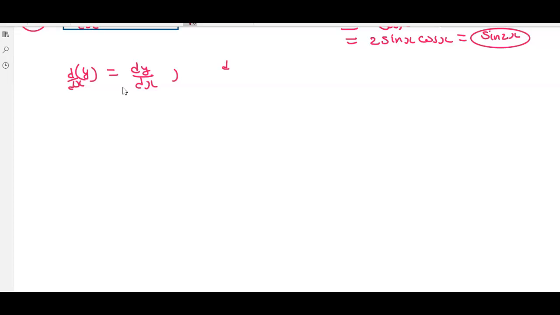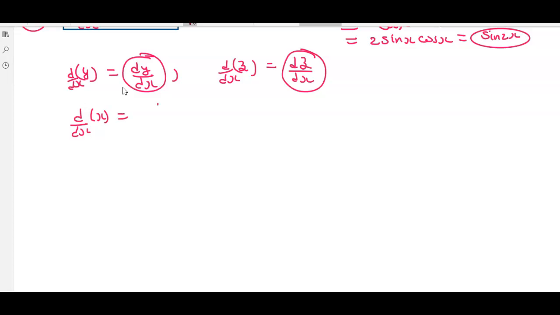And if we have y and z basically as the variables, then the derivative of x is basically 1, by the formula dx upon dx, which is 1. Ideally it is not mentioned anywhere, but yes, you can use it.